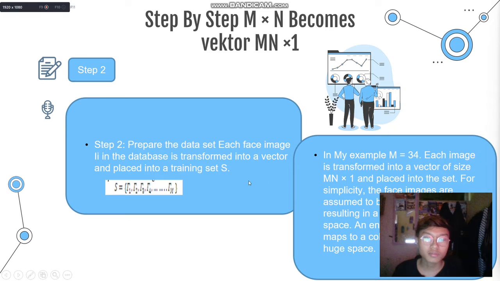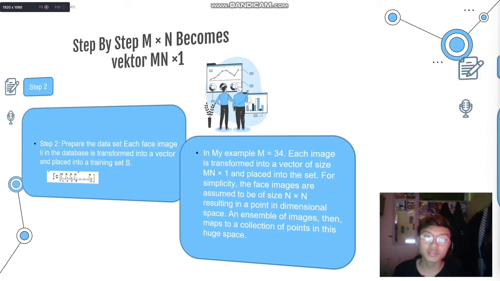Okay, look. In my example M is 34, each image is transformed into a vector of size MN by 1 and placed into the set. For simplicity, the face images are assumed to be of size N by N, resulting in a point in N-squared dimensional space. Okay, next.